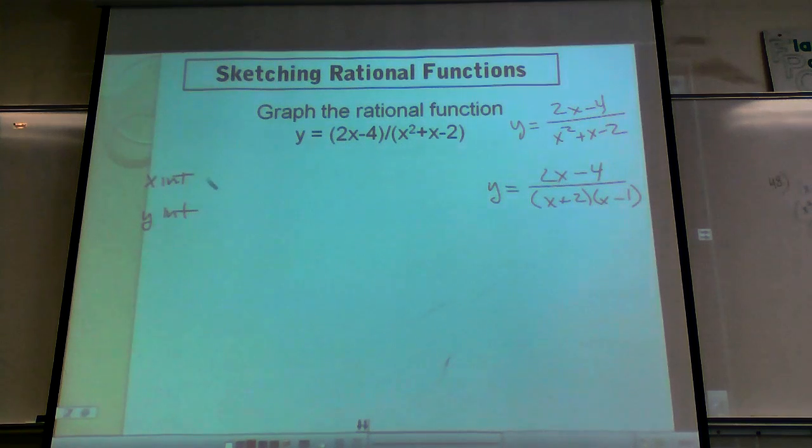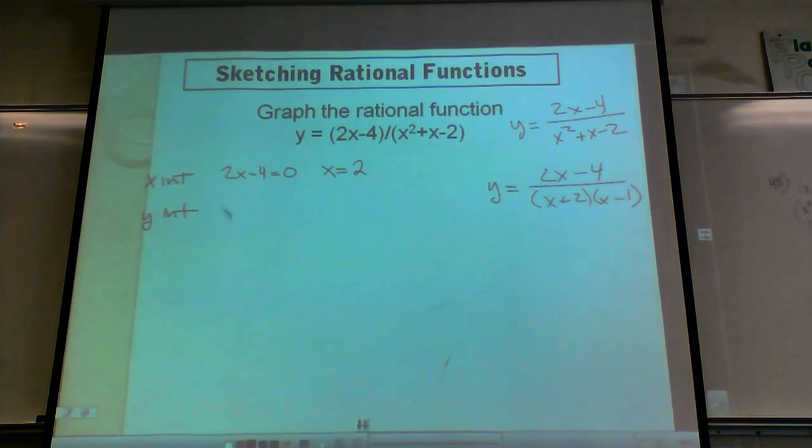So first thing we do is find the x and y intercepts. The x-intercept would be setting the numerator equal to 0. If I solve 2x minus 4 equals 0, you get x equals what? 2. And that's okay. I can use it because I can plug 2 in the denominator and it doesn't give me 0.